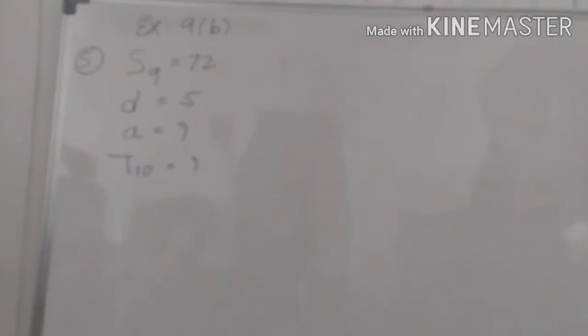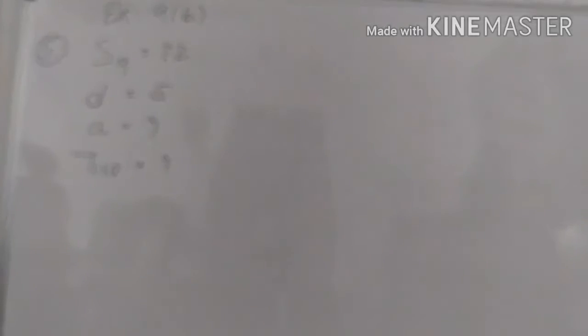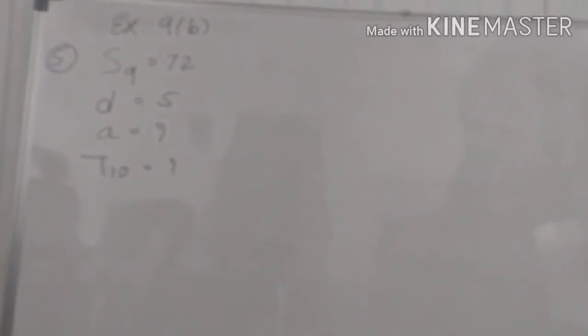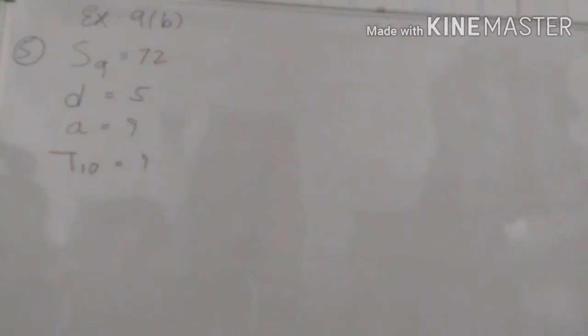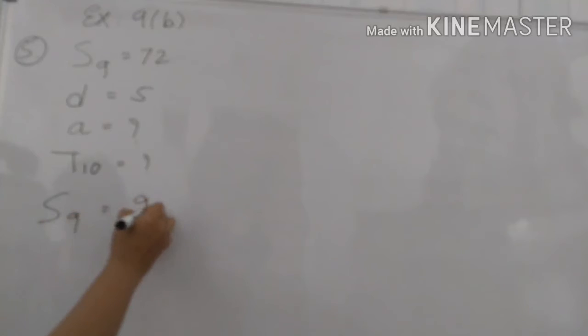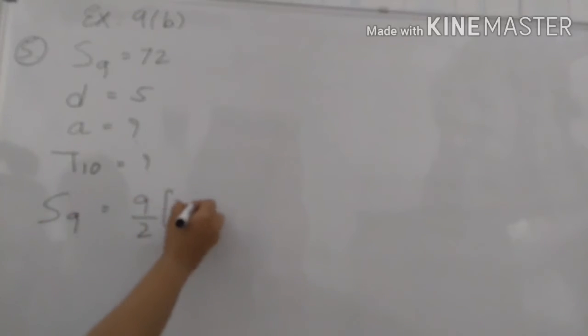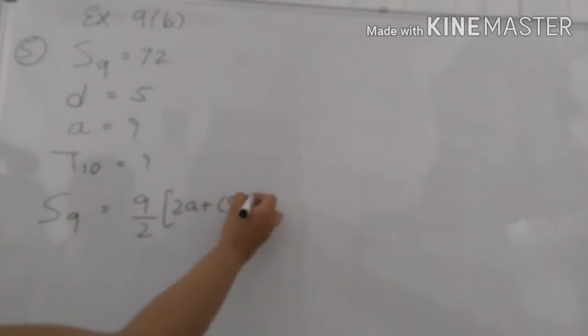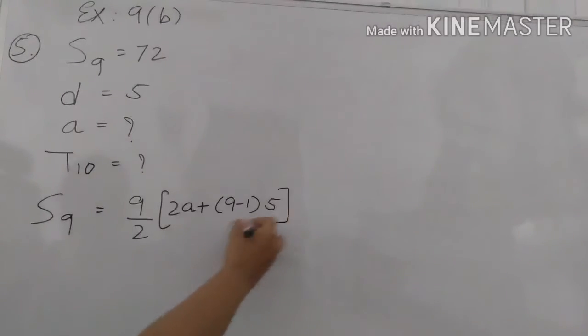So first of all, using our formula, students, for S9. S9 means Sn formula here for 9 terms. So I use S9 is equal to 9 by 2, 2A plus n minus 1, means 9 minus 1, into D is 5. So this way we can apply our formula here.